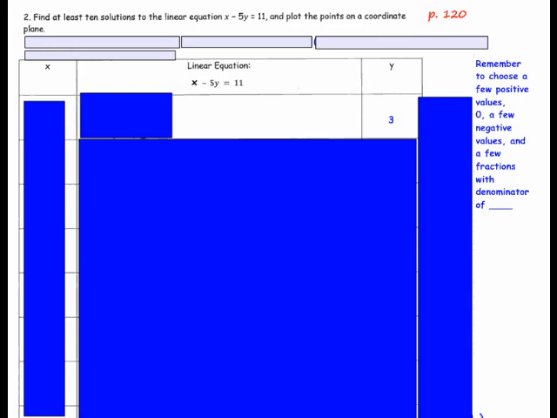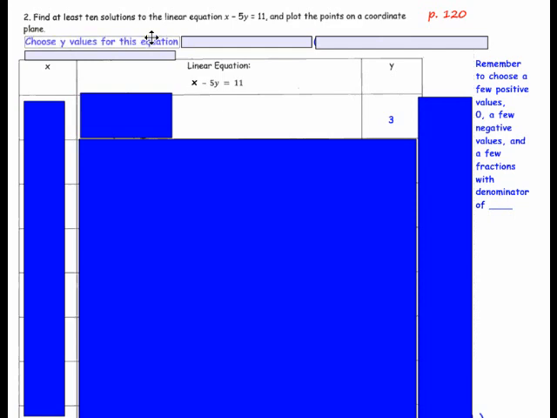Number 2. Find at least 10 solutions to the linear equation x minus 5y equals 11 and plot the points on a coordinate plane. When determining whether to fix your values for x or y, remember which one has the coefficient.